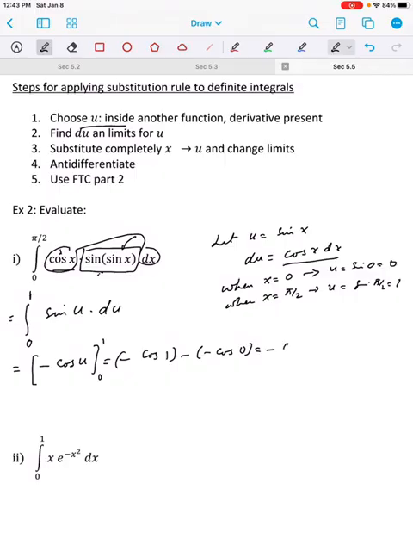So negative cosine of 1, we just leave it like that. Minus and minus is plus, cosine of 0 is 1. So that is our answer. So 1 minus cosine of 1.